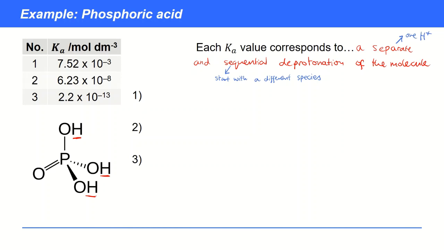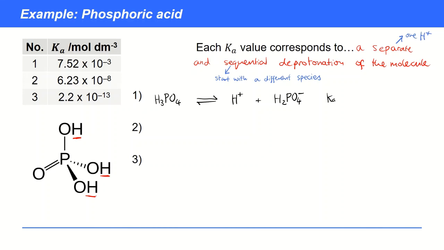So the first Ka value corresponds to this equilibrium here. I'm just going to write the molecular formula, and I'm going to skip out the state symbols and the use of H2O as the base to remove it, but that's what would be doing it in aqueous solution. So we're going to remove a single H plus, and we're going to be left with H2PO4 minus.